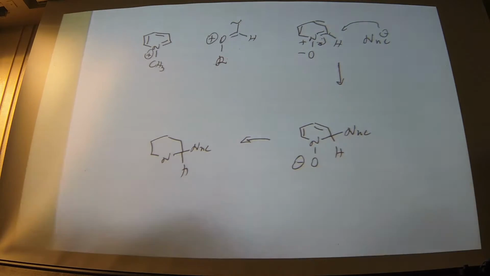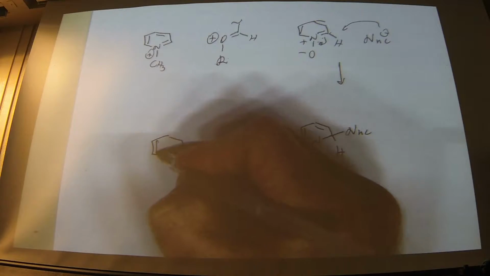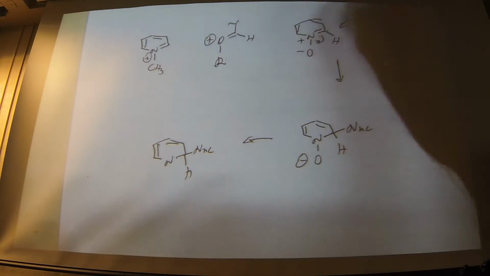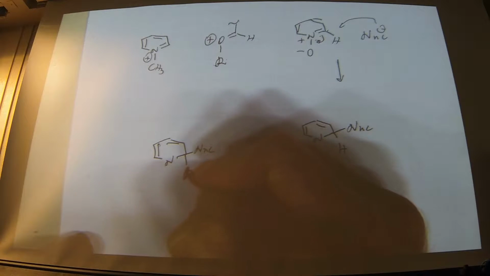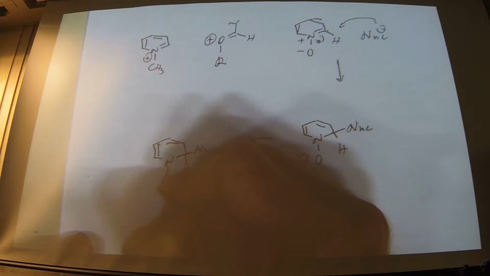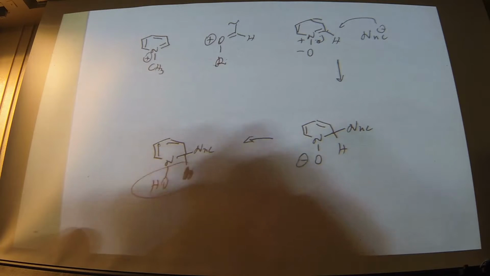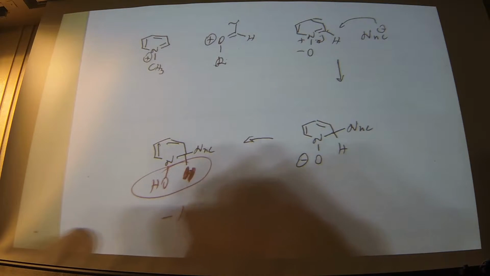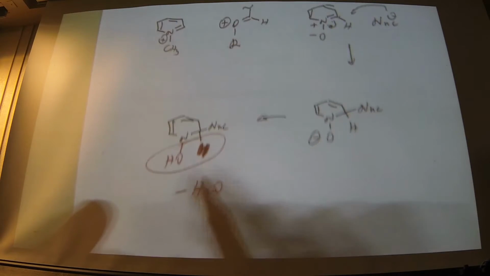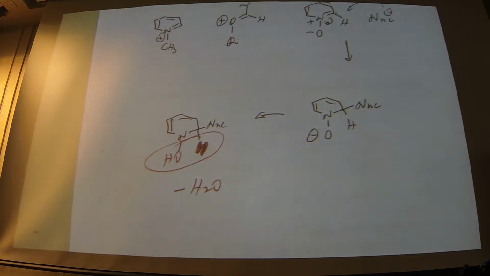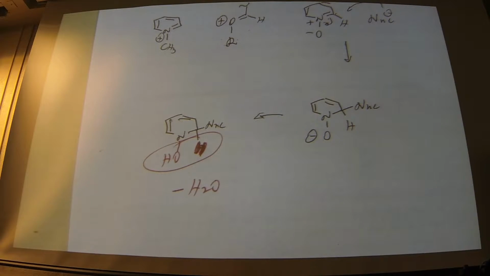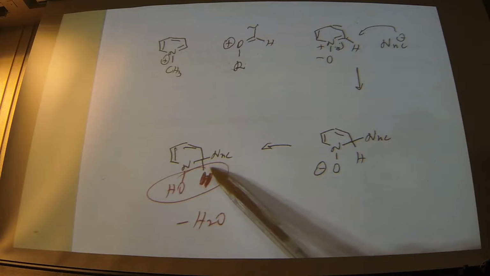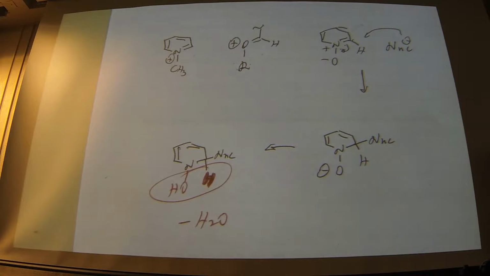So this is the initial product you get out of the reaction, but when you treat this compound with aqueous acid as you do, then you end up with an OH. And if I just think of this as supposed to be hydrogen, and I think of removing water from this species, I end up back with my pyridine. And so it's quite easy to use the pyridine N-oxide to end up with 2-substituted pyridines. That's probably the more practical way of doing all this.